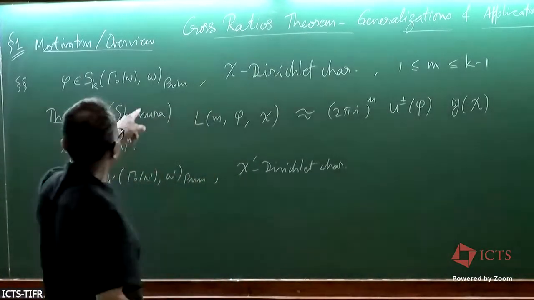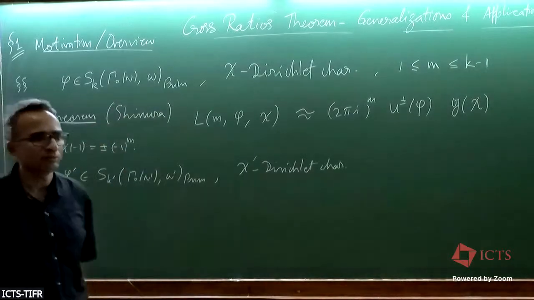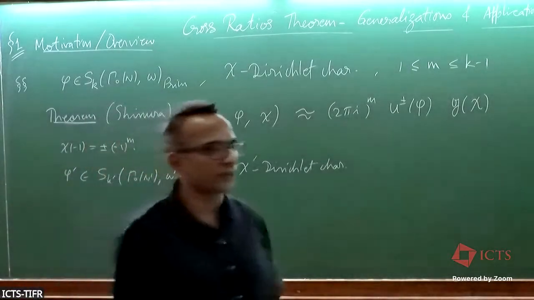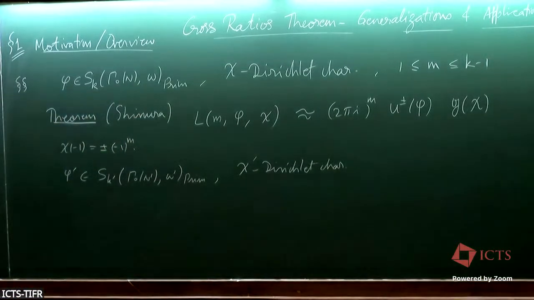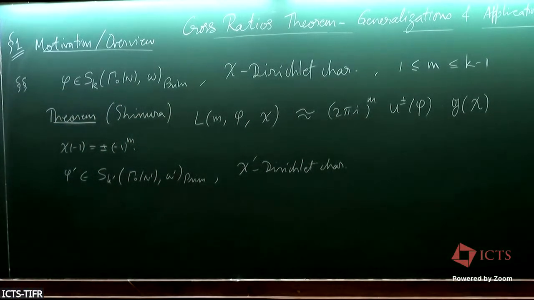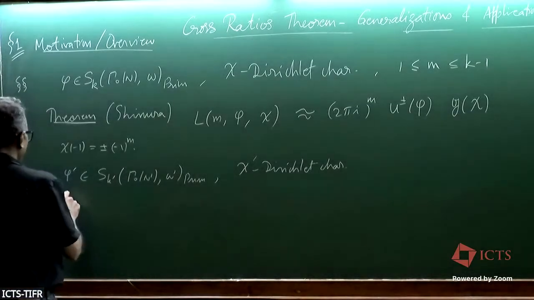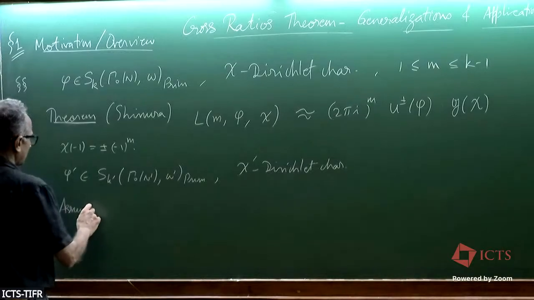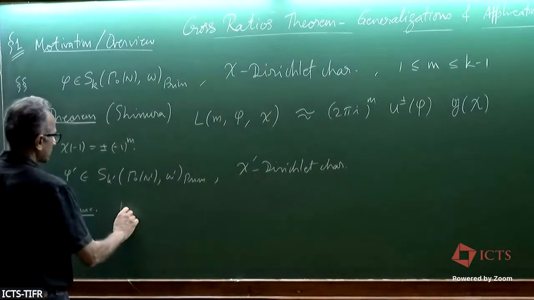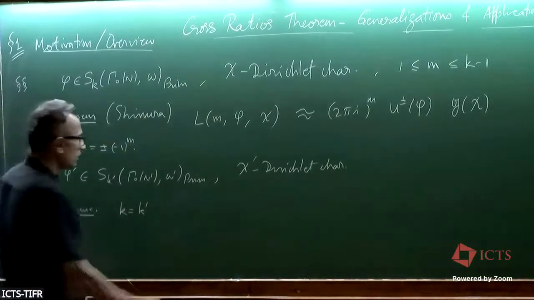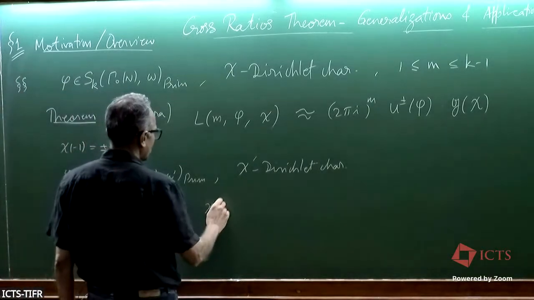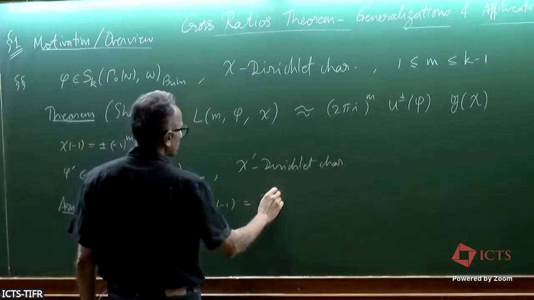It's the nebentype, the nebentype. It's a character of (Z/NZ) cross. So take another cusp form and another Dirichlet character, and you assume that the weights of these two cusp forms, phi and phi prime, are equal, and you assume that the parity of chi is the parity of chi prime.